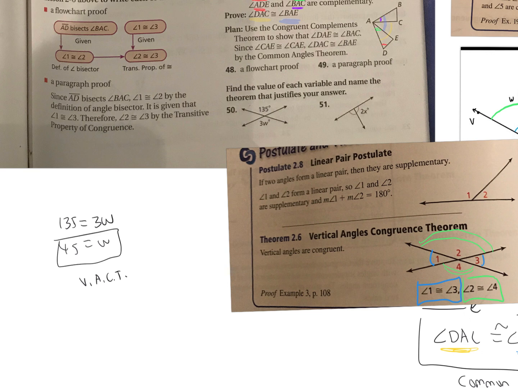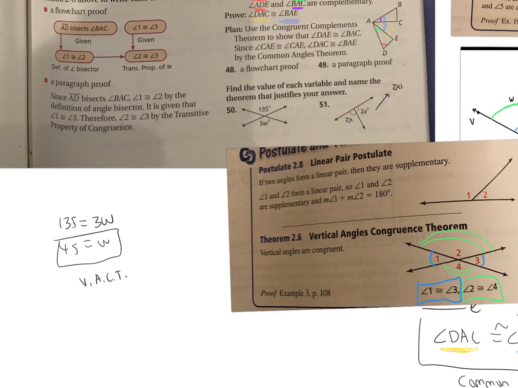All right. This one right here is such that we know that if this is 2x, see the single rainbow there? That means that this is also 2x degrees. And we know based off of the linear pair postulate that this angle plus this angle add up to 180. Well, it's the same thing. This angle plus this angle add up to 180.